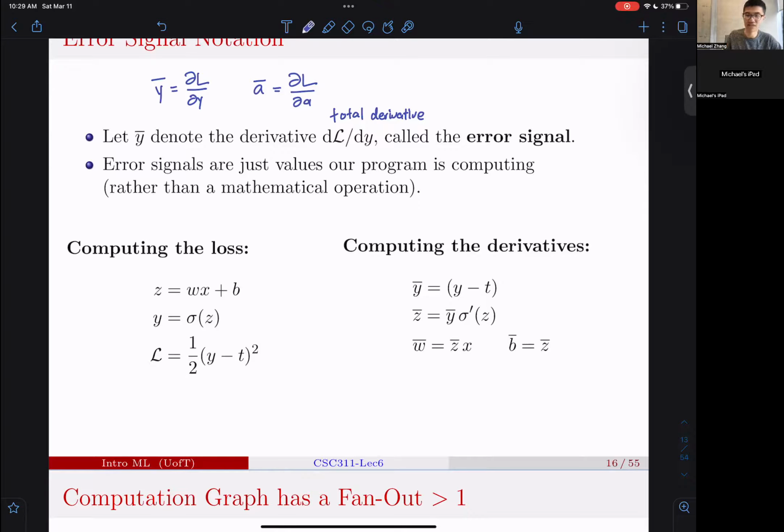The second advantage of this bar notation is these are values our actual program is computing. So implemented in code, it's the precise value of this derivative at the input data and given parameters of the network.